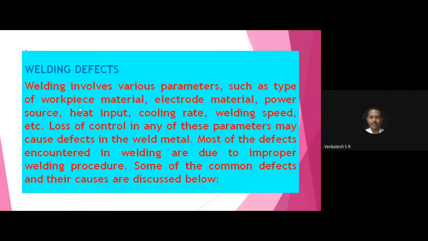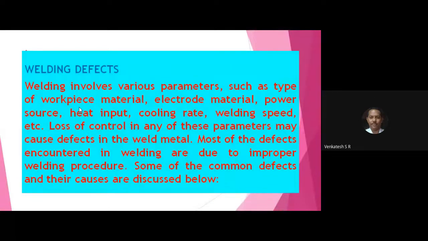First point, brittle. The joint becomes brittle because of the difference in the material, the electrode material, the electrical power input, heat input and the cooling rate, which leads to the formation of cracks and brittleness in the joint.